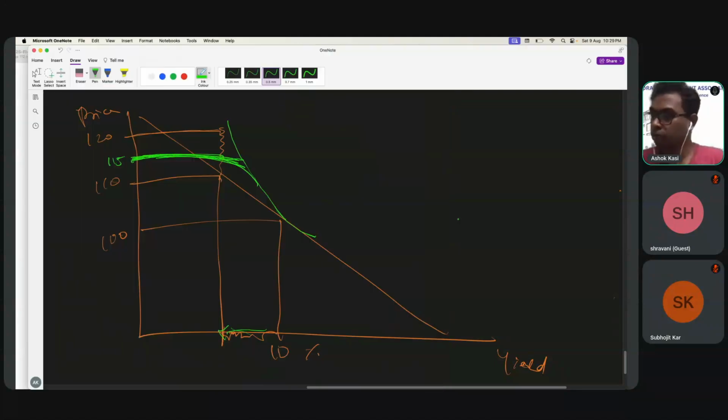For a callable bond, duration is less, right? It should move this much, but it is less only. The duration change is less.